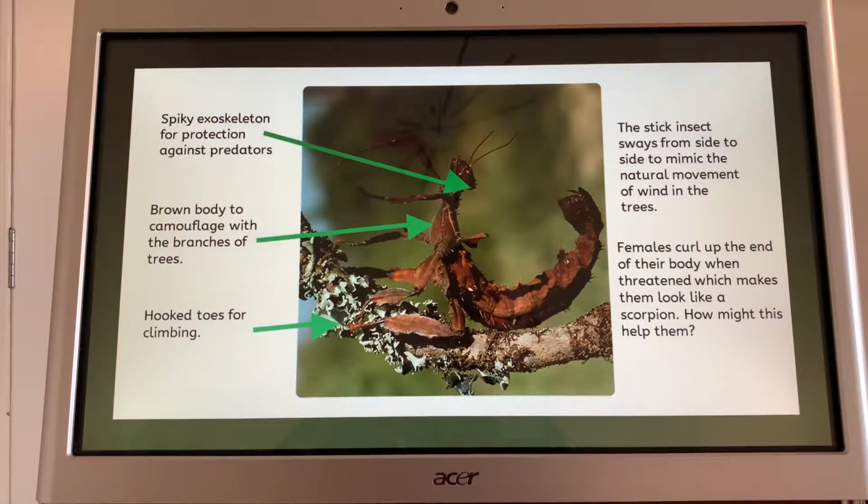Looking like a scorpion. What do you think? That's right, scorpion is quite a well-known predator. So it might scare off some insects or species who might normally be able to eat up our stick insect for breakfast.